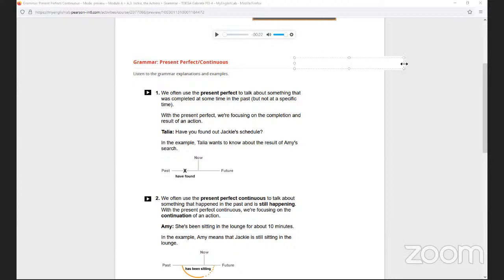Okay. Well, if we talk about structures or grammatically, yes, of course, when we talk about simple past, the auxiliary that we will use is did, right? When we use present perfect, the structure is going to be have or has, right?